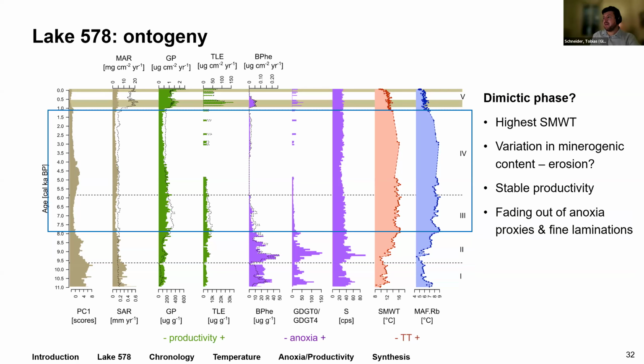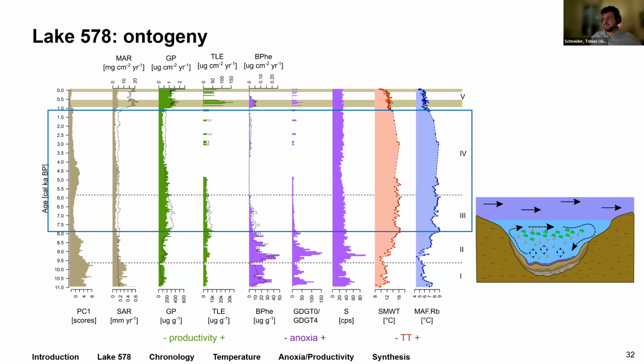And the mid-Holocene may be characterized by a dimictic system, highlighted by the decrease of the anoxia to zero, basically, and also the start of the productivity.